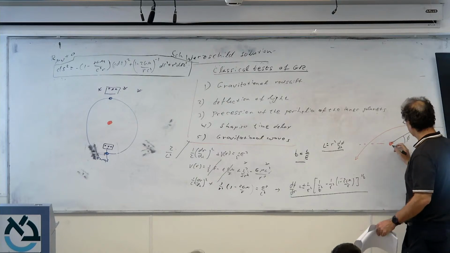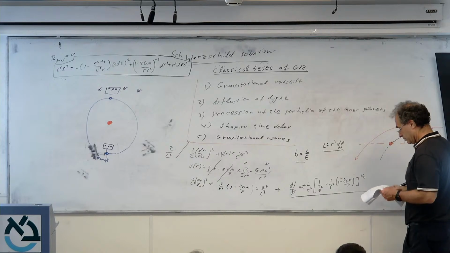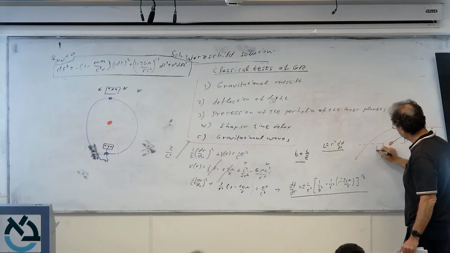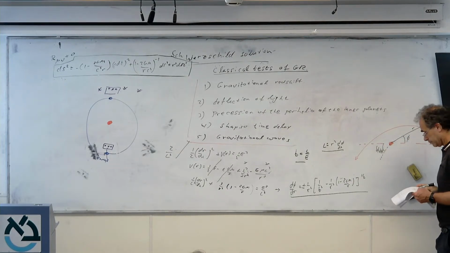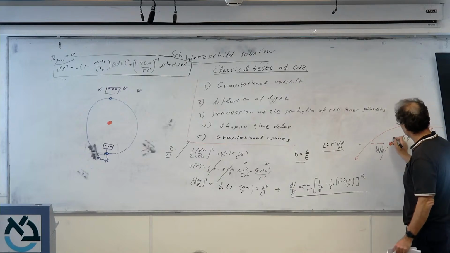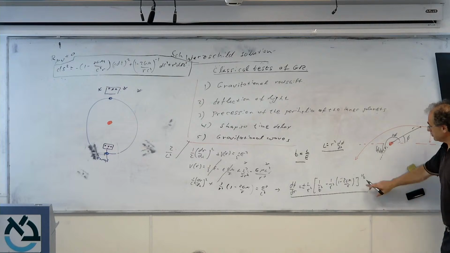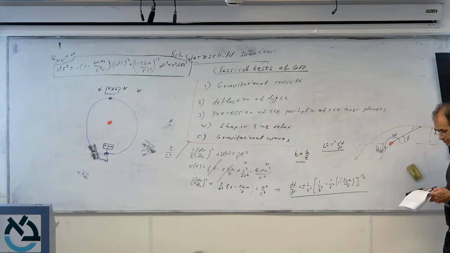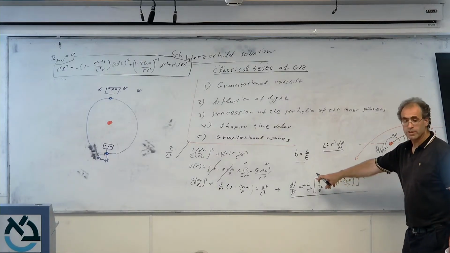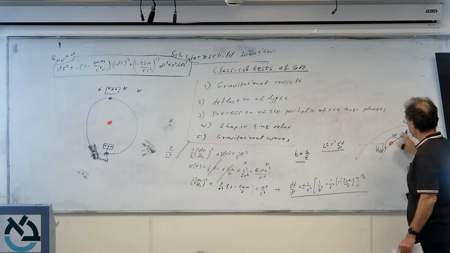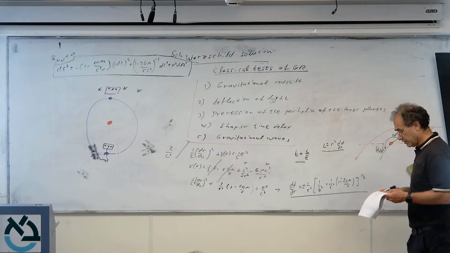And of course this would be the deflection, delta phi deflect. This is the total delta phi, which in principle you can solve for a given b. That's all, everything you need. The only thing you need now is to integrate that from r equal to infinity to the minimum and then multiply by 2.